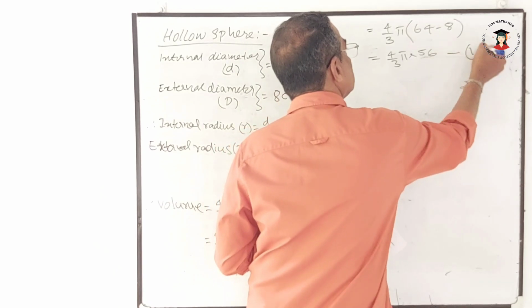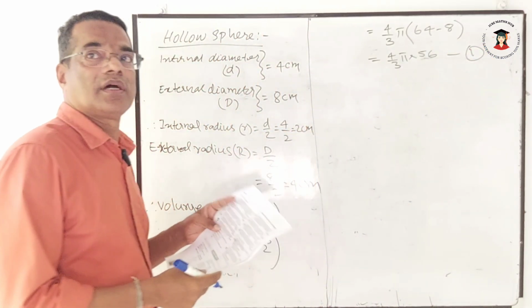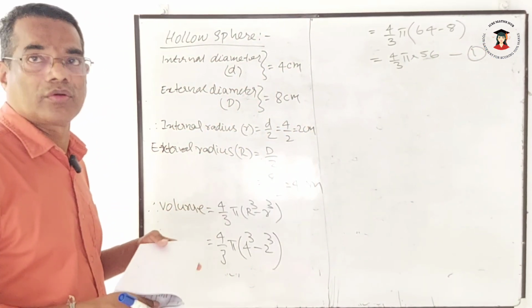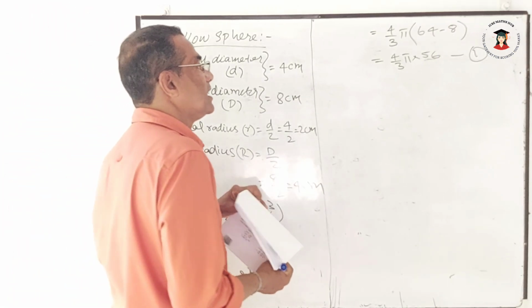This is the volume of the hollow sphere, and this is melted into a cone. So this is the volume before melting.